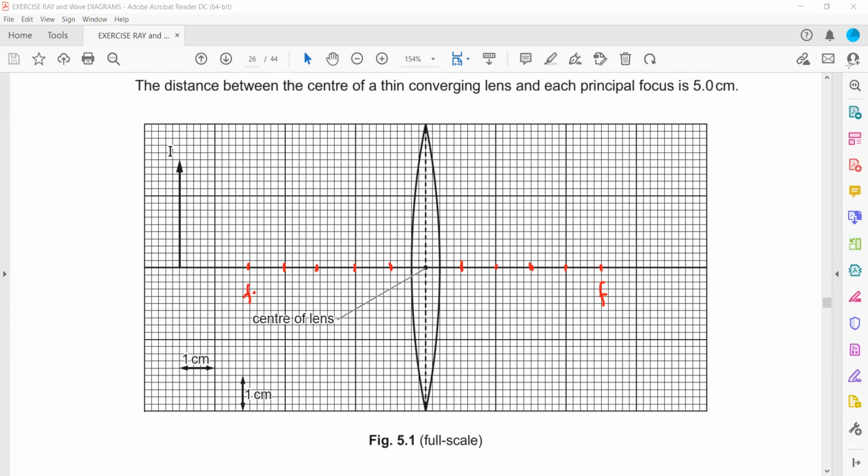So the object should be here, somewhere within the focus, because if the object is within the focus, then the parallel light ray passes through the focus. So the object should be somewhere here. So when we complete the rays, one is from the tip of the object to the tip of the image, and the other one, the parallel one, is passing through the focus.